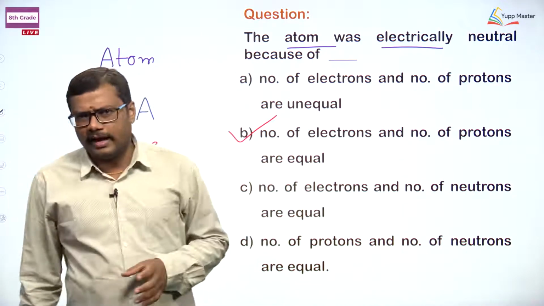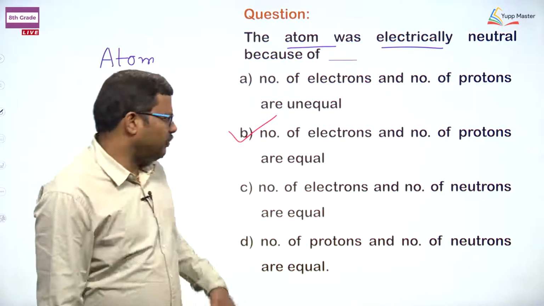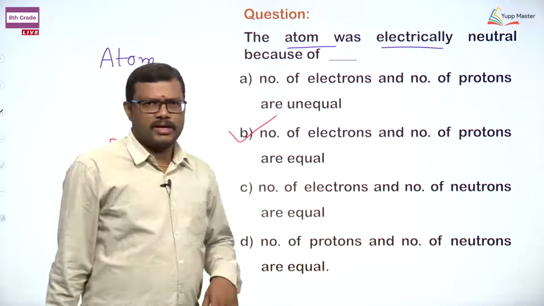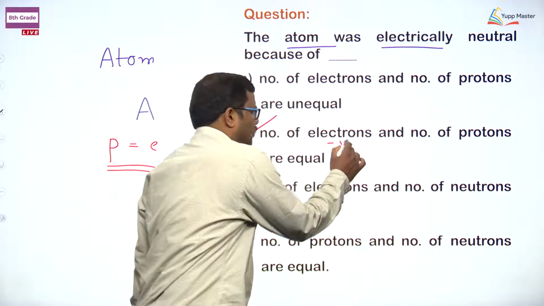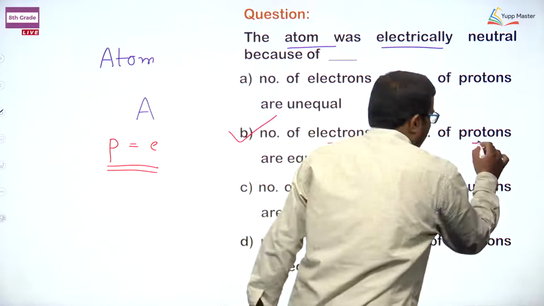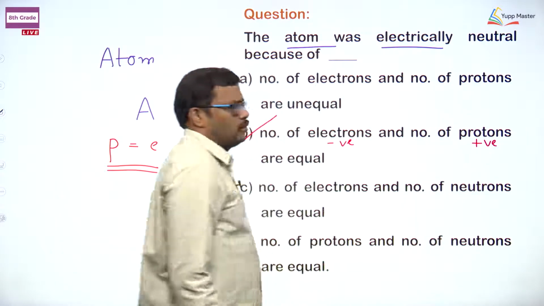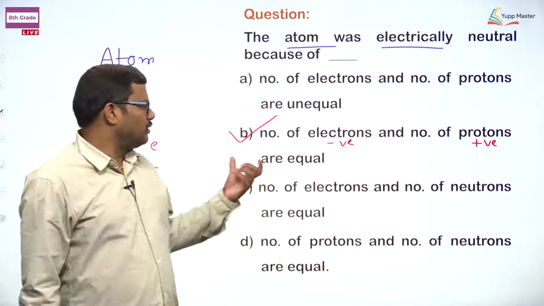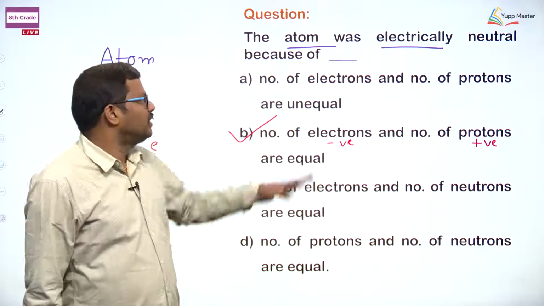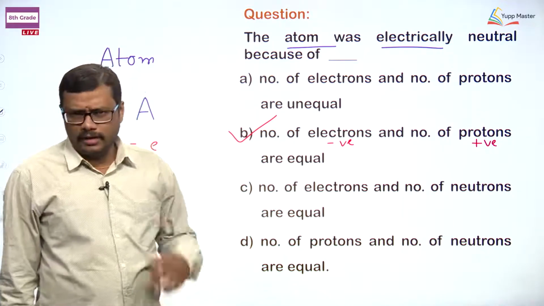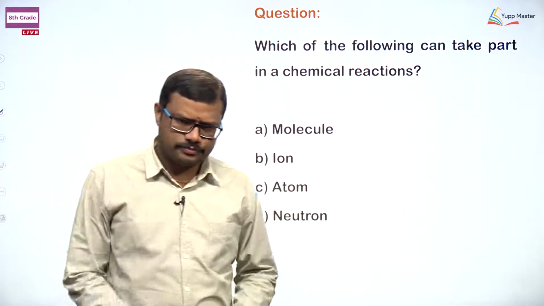The neutrality of an atom is related with the number of protons and number of electrons, because electrons are negatively charged, whereas protons are positive ones. If they are equal, then they can balance their charges, thereby the atom is electrically neutral, okay.